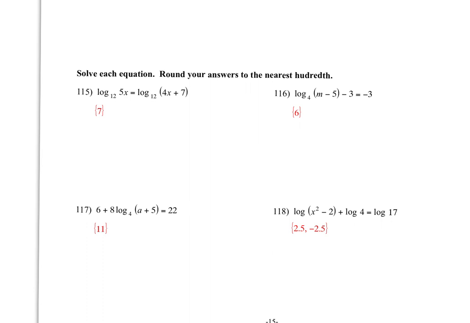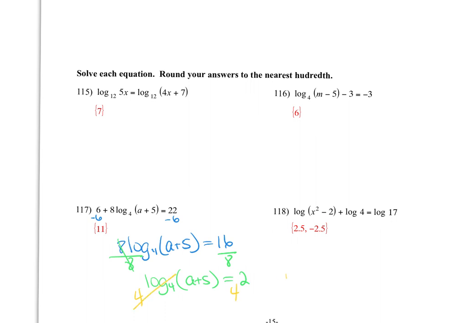But you do have to get this guy by itself. You do have to get it by itself before you do anything at all with that log. I think that's the number one problem we had on our test, that we have to have only one log, and then we can get rid of it with our base. That cancels. A plus 5 equals 4 squared.